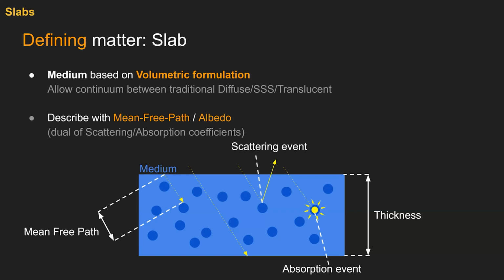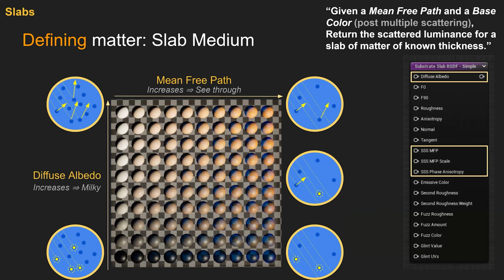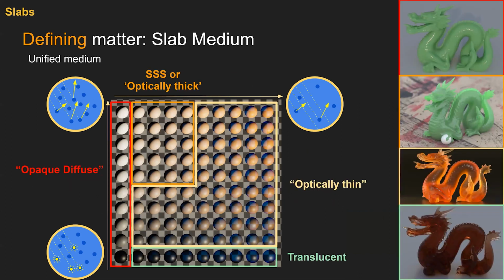And we'll see how we did that a bit later. With this volumetric formulation, we're able to reach most of the spectrum of media, going from fully opaque to fully translucent and this milky version of it. Again, based on only diffuse and a mean free path.